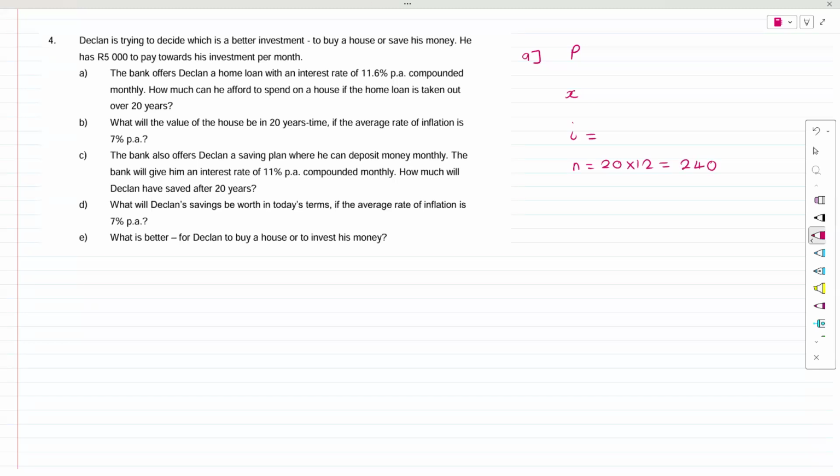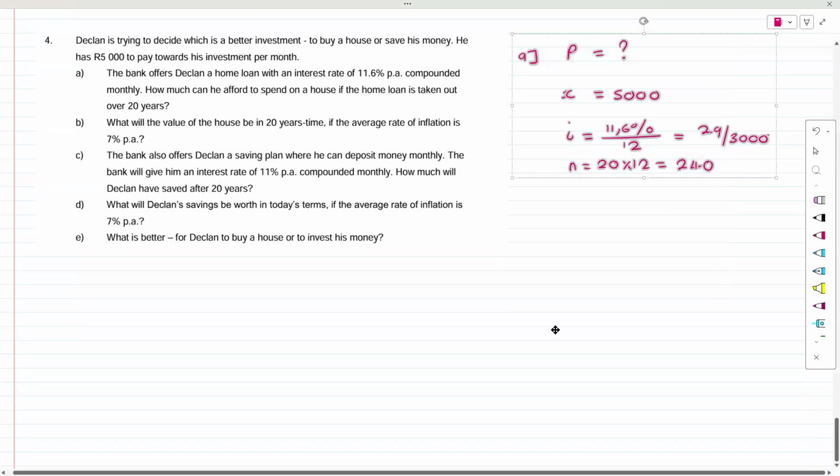I is 11.6% divided by 12, which would equal to, let's put it as 29 over 3,000. That's right. X is him using 5,000 and P is unknown.